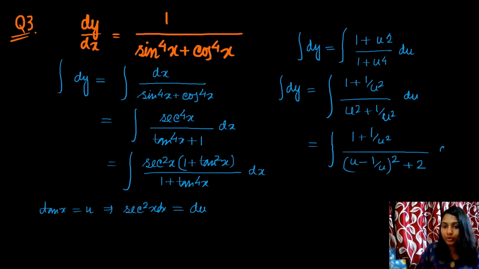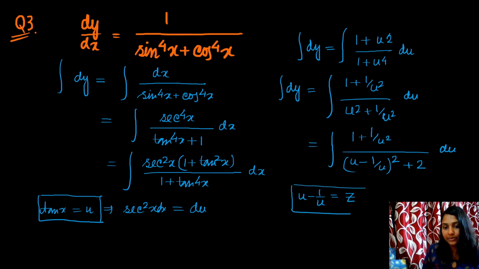Okay, so it can be noted that the derivative of this u minus 1 by u is 1 plus 1 by u square. So we can again substitute this function: u minus 1 by u equals z. Previously there was another substitution, tan x equals u, and after that there is another substitution, which is this one, u minus 1 by u equals z.